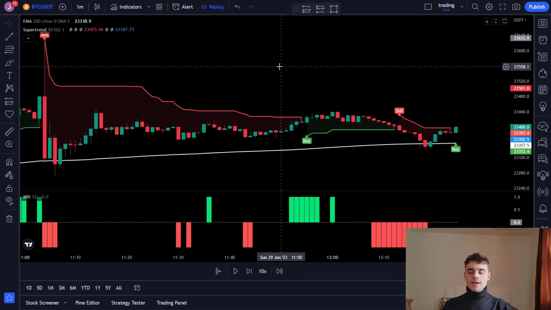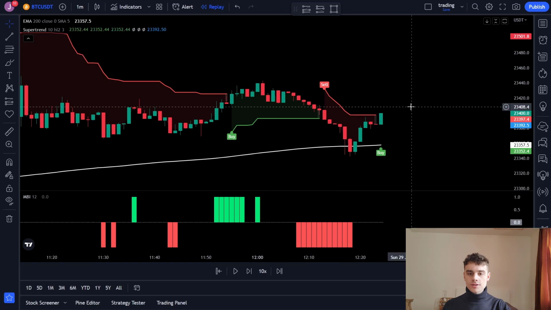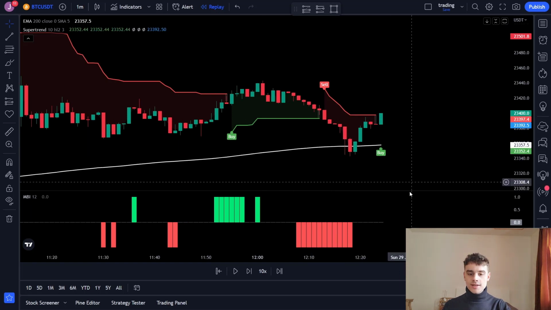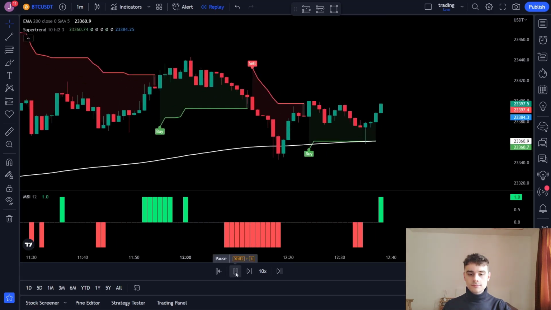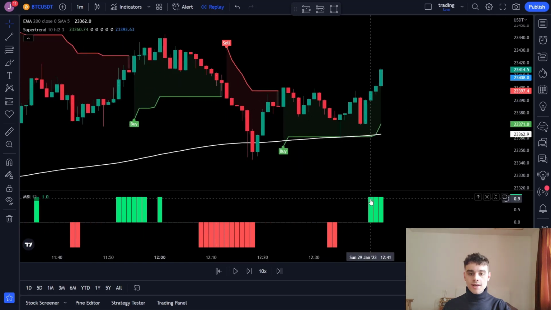We will see another example of a long position. So over here the market is moving above the moving average, so we will wait on a buy signal. But you can see on the Monster Breakout Index there is no green candle. So we will wait for the first green candle to pop up. You can see a green candle over here.